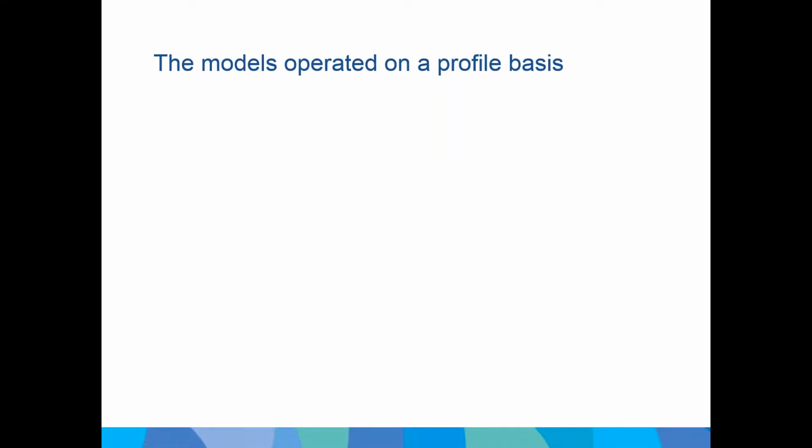The problem is that those models operate on a profile basis, and theoretical models create theoretical outcomes, and therefore they also create theoretical solutions, and that's fine. The idea of a model is to create an understanding, to create theoretical outcomes, which you can then test. The problem is when people don't realize that they're theoretical and they just run with it, you can come unstuck.